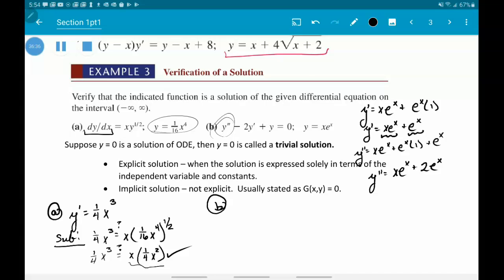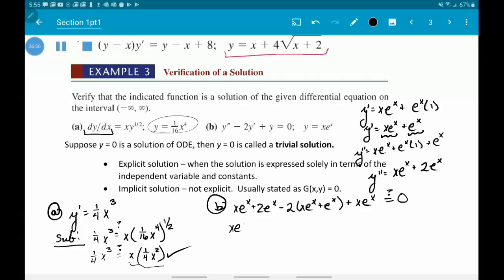So now if we make our substitution, we're going to have the second derivative minus 2 times y prime, which is the first derivative, plus y. We want to know, is that equal to 0?